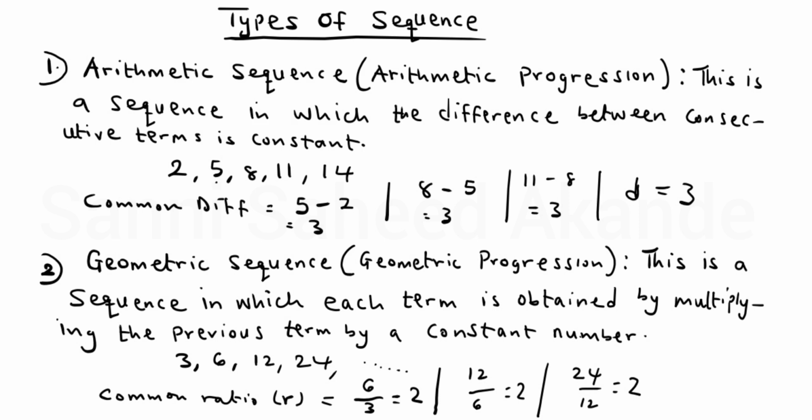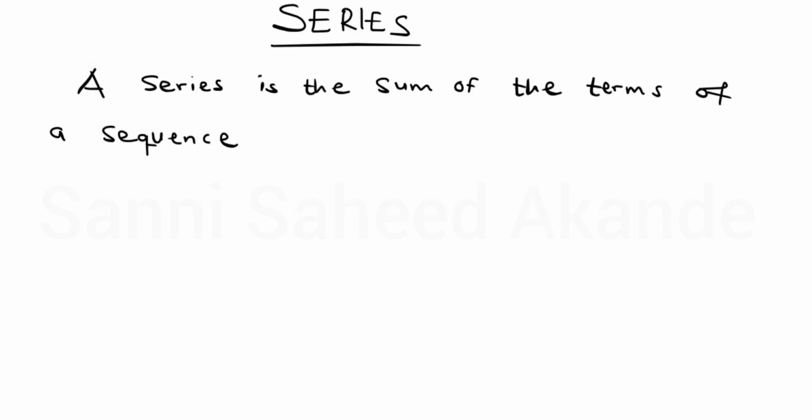Is that understood? All right, so let me quickly speak on the series as well. A series is the sum of the terms of a sequence. Now we have dealt a bit with the sequence. A sequence, like I have explained before, is 2, 4, 6, 8, 10, and so on.